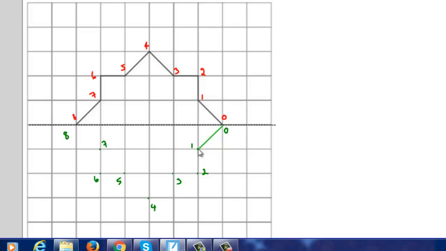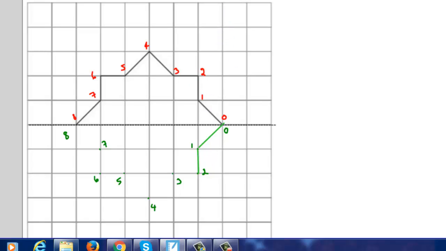Zero to 1. After that, from 1 to 2. Actually, I need to do it in a perfect way.